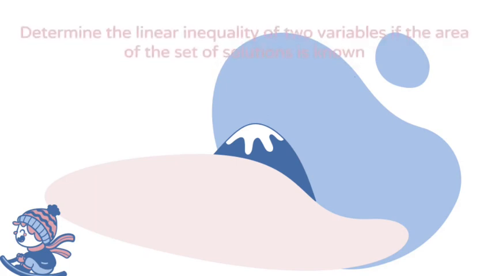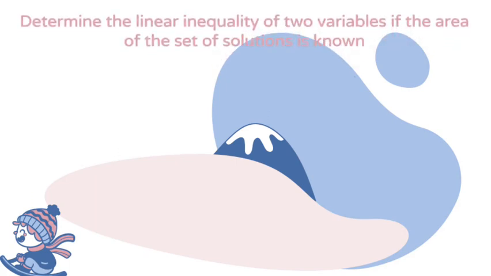The last one, we will study how to determine the linear inequality of two variables if the area of the solution set is known. First, you must be able to determine the straight line equation. Suppose there is a straight line crossing the x-axis at a and the y-axis at b.